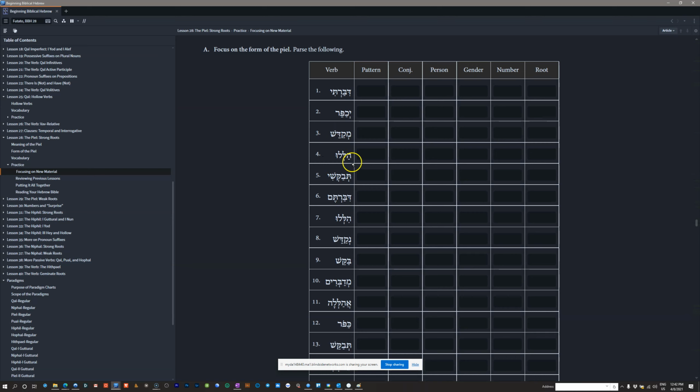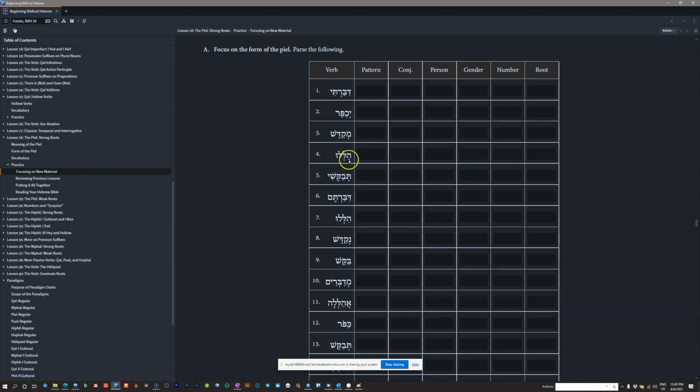We get down here to number 4. Again, I don't have a prefix, but I do have a dagesh in R2 and an A class vowel in R1. Now that looks a lot like an imperfect PL. It doesn't look like a perfect PL. Perfect PL would have a hiriq, an I class vowel in R1. So what in the world's going on here?